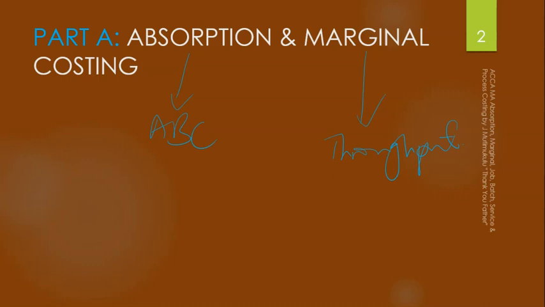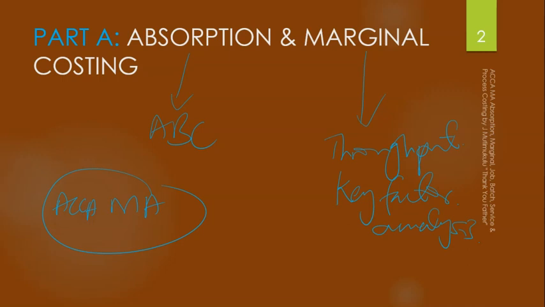We also have what is called the key factor analysis. You learn about this as you proceed with your study. For our ACCA MA paper, we shouldn't be bothered much about these techniques. We attack them as we go.